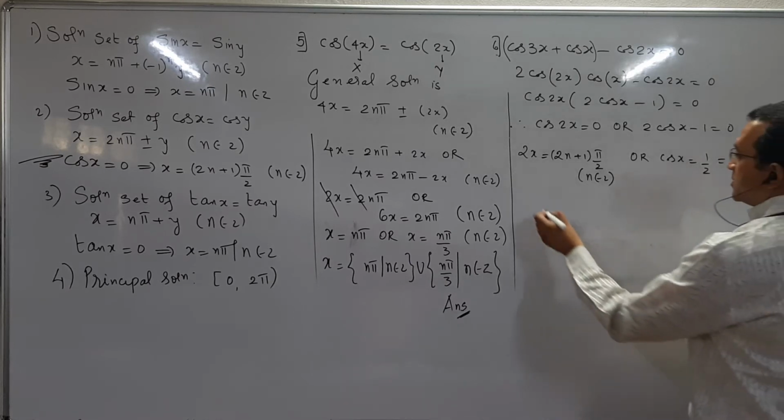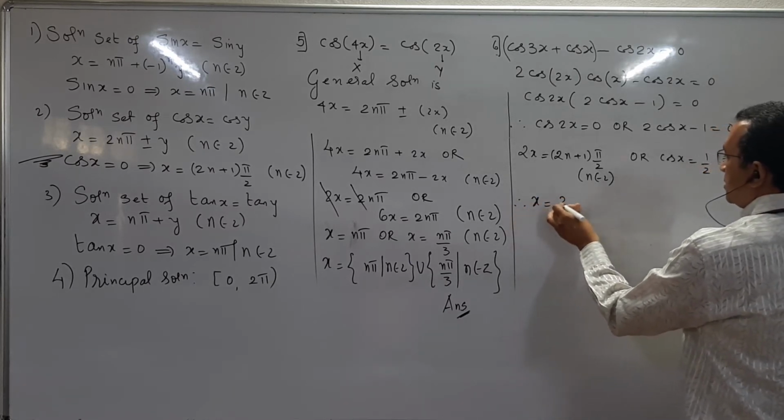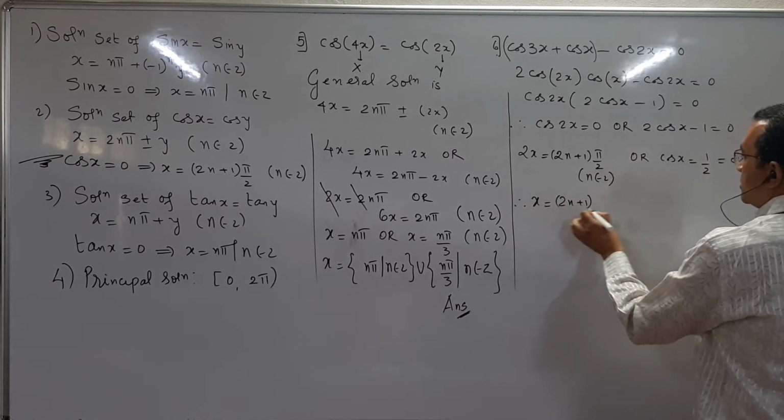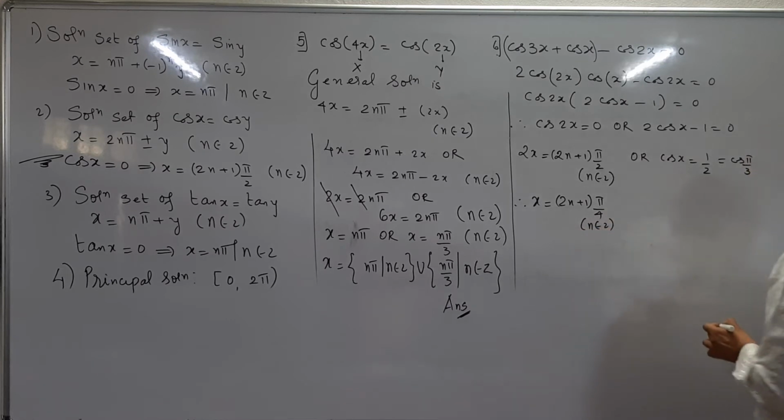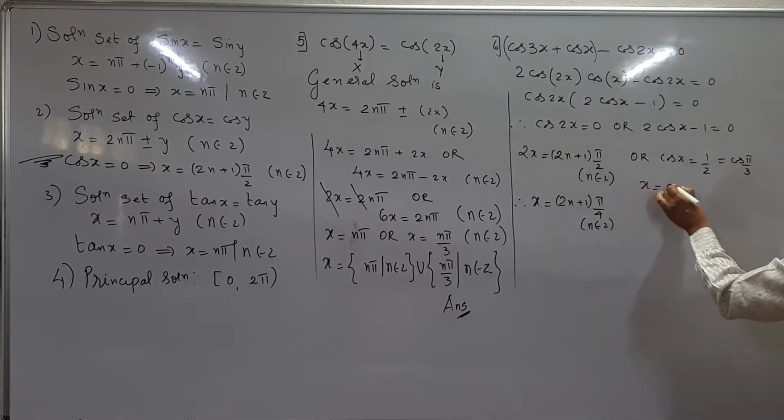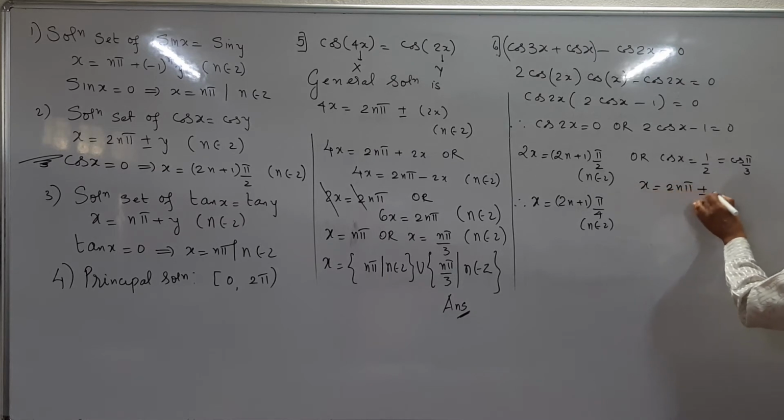So making x the subject of the formula, this will be (2n plus 1)π by 4, where n belongs to Z. Apply the formula: x is equal to 2nπ plus or minus y. y is π by 3.